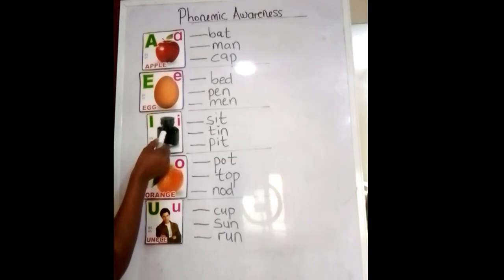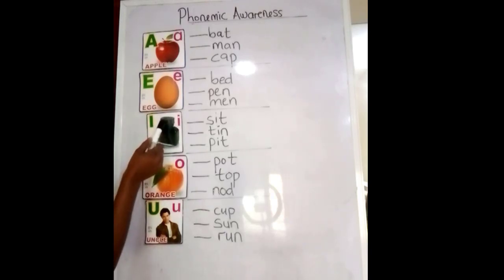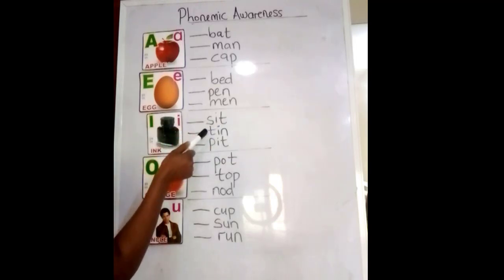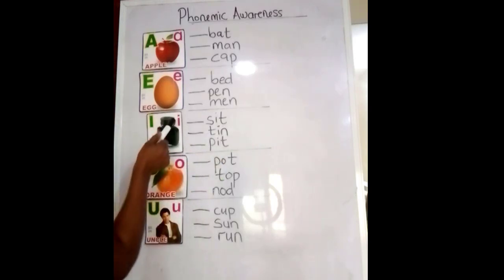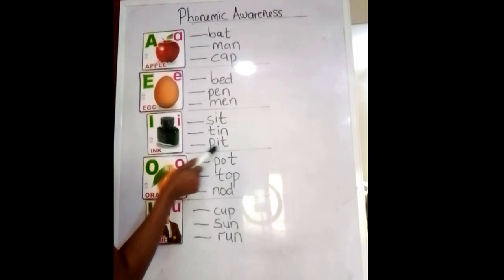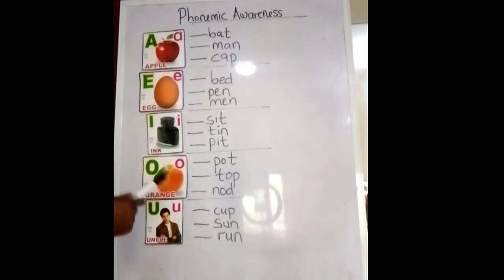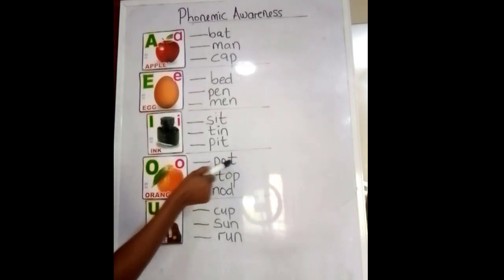The next one is letter I, that makes the sound E, as you have it in ink: sit, tin, pit. That's the sound E, sit, tin, pit. And the next vowel letter is letter O, and it makes the sound O, as in pot, top, nod.